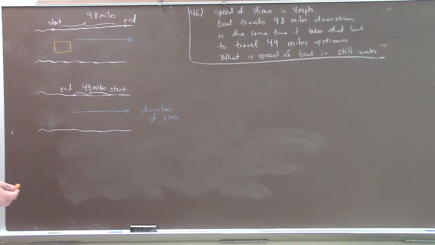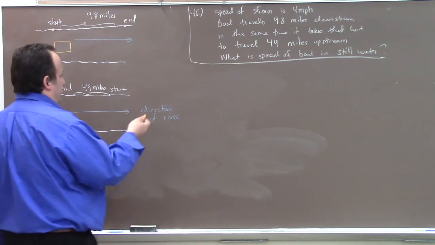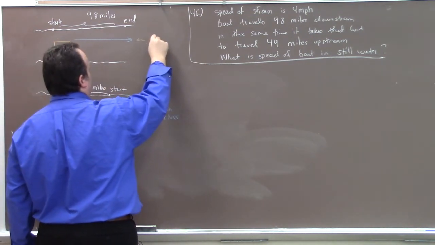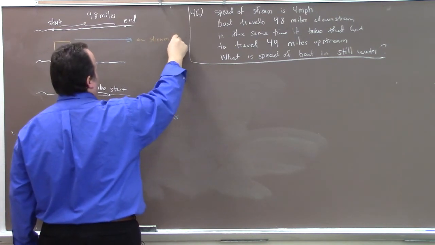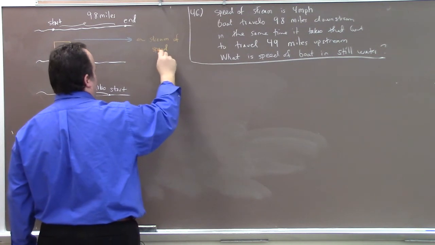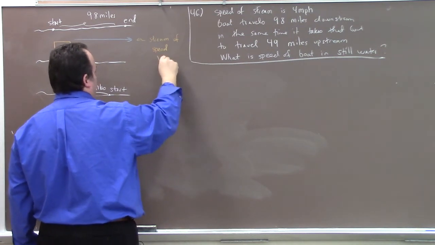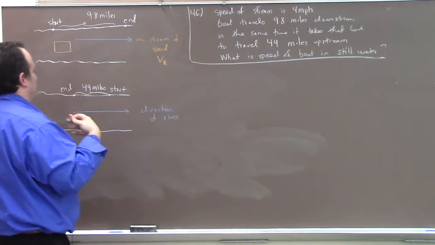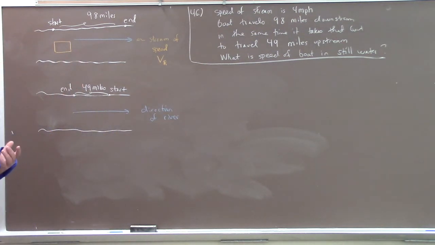So we're assuming that the river has a stream of speed. We should give it a name, VR, for the velocity of the river itself, like the speed of the river. So if the boat was just sitting there and wasn't doing anything, it was just floating along, it would go speed VR down the river, right? Right, speed of the river.